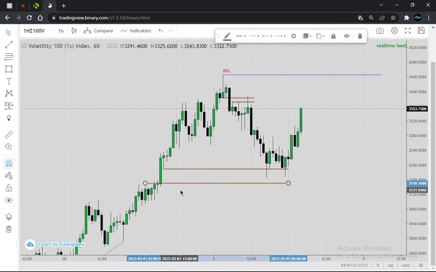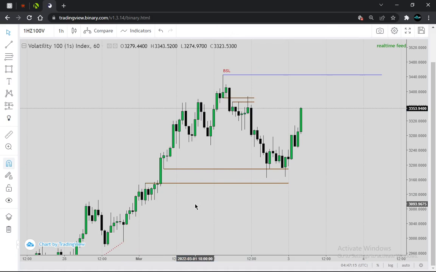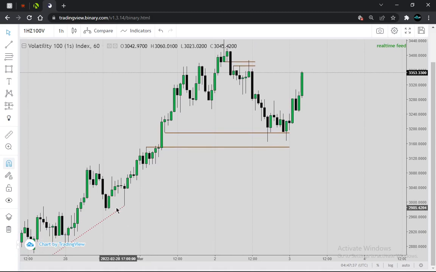Yes, if they are in sync with the higher time frame bias, which means if it's the uptrending market, I should hold long trades. If it's the downtrending market, I should hold selling or short trades. But in that case, I do not hold this kind of trades, and say maybe I'm targeting those lows to be clean.